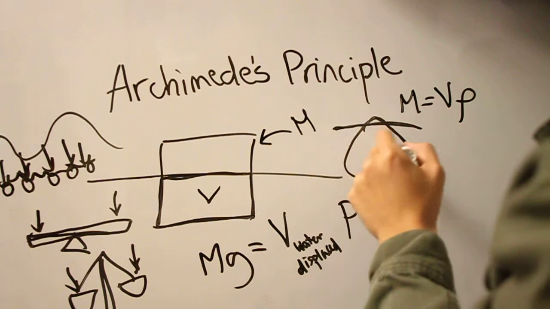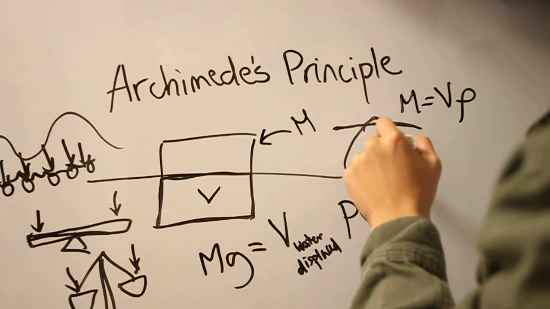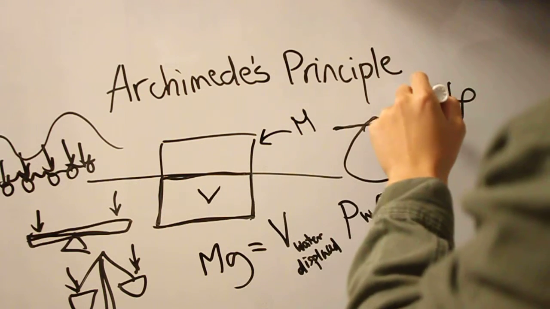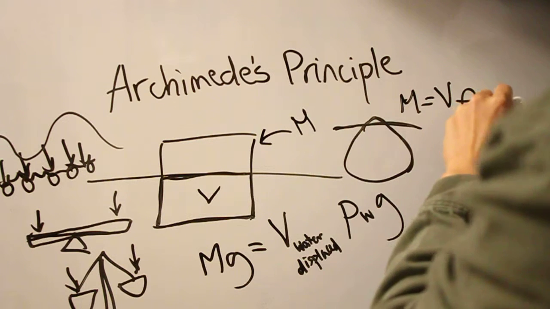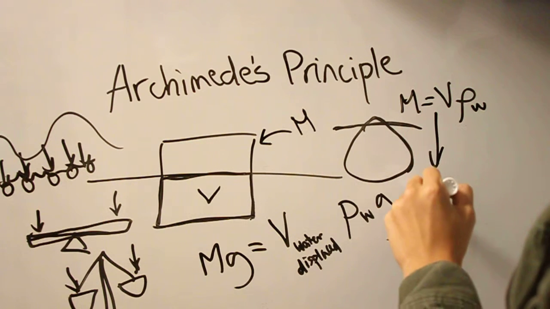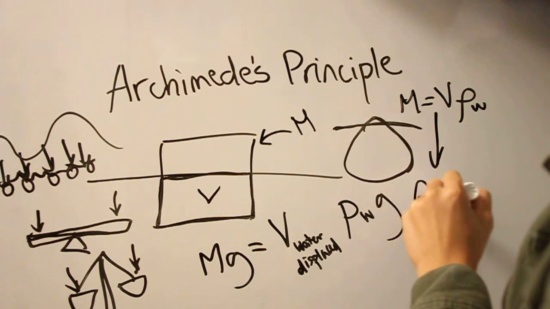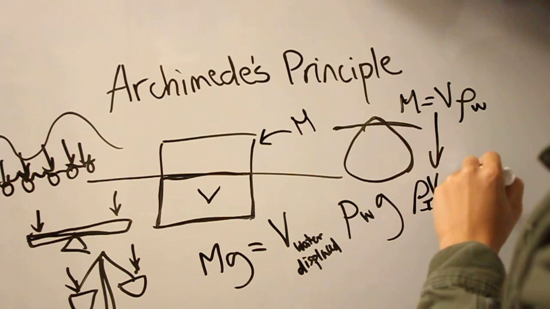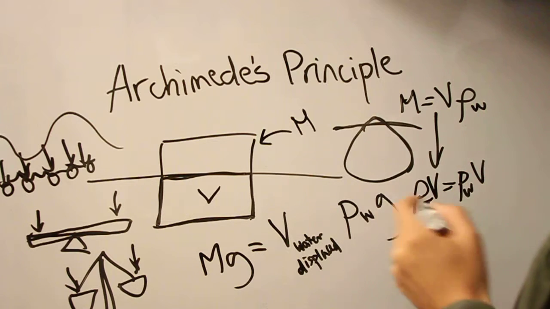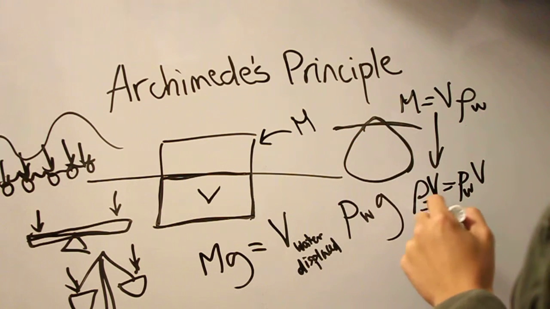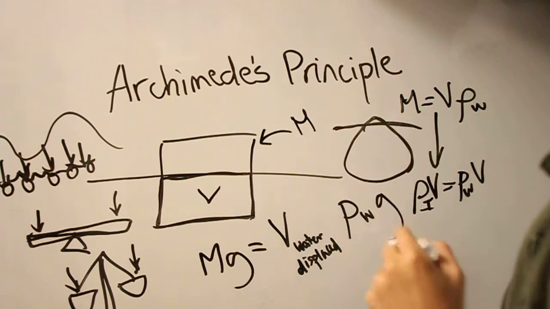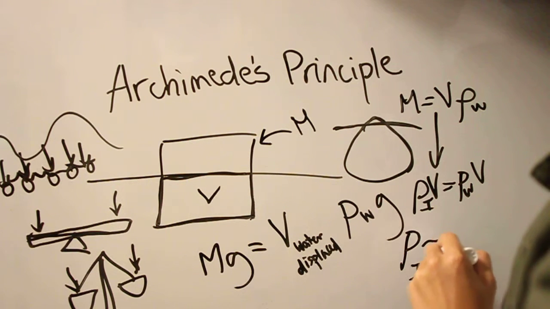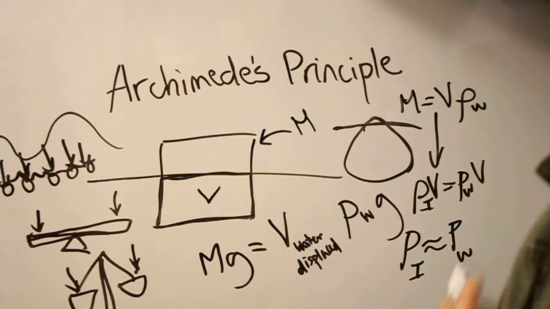And since so much of the volume is inside, being the displacement of the water itself, we can say that the density of the ice times V equals the density of the water times V. Because these values are so close, just knowing the nature of icebergs lets us know that the density of ice is fairly close to the density of water.